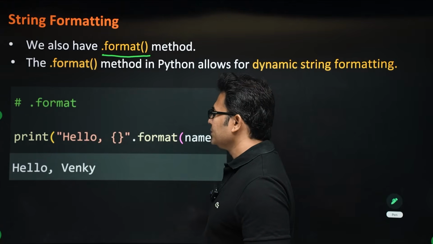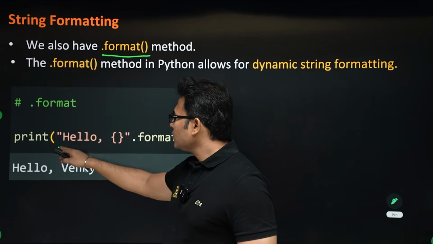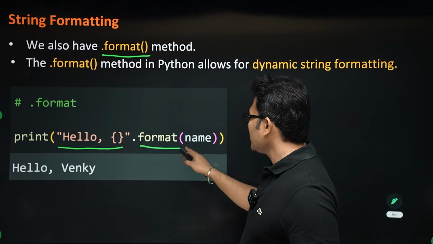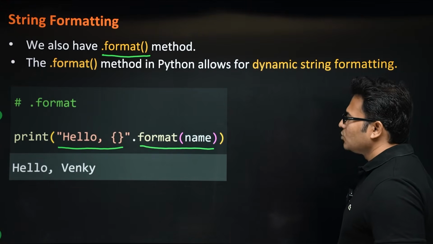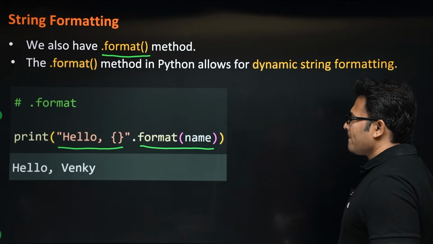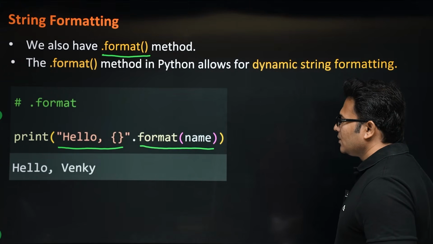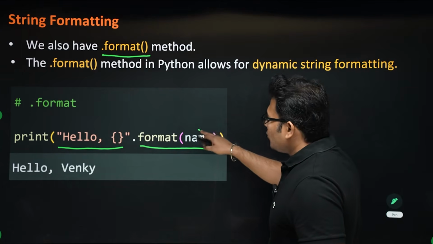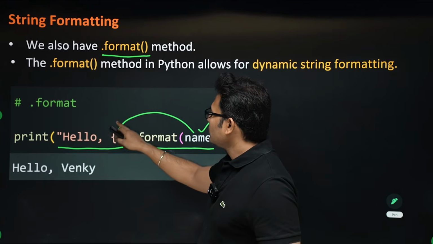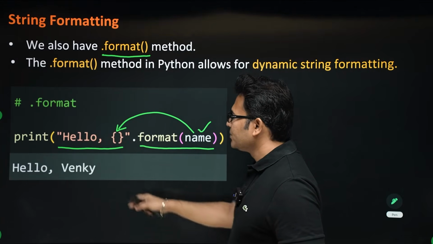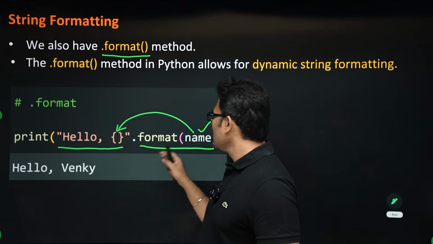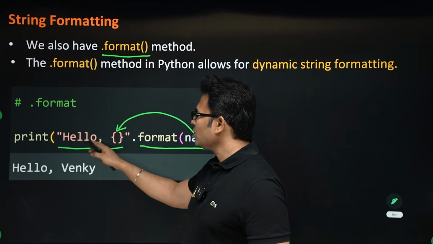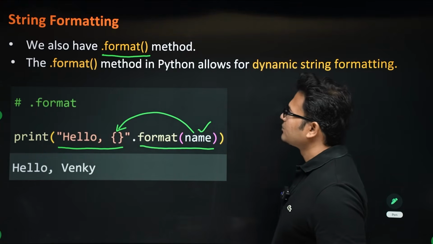See, when you write print hello followed by curly braces, and then write dot format name, whatever the value of name is will come into this place. For example, in this one, name is Venki. So instead of hello followed by curly braces, it is saying hello followed by Venki.